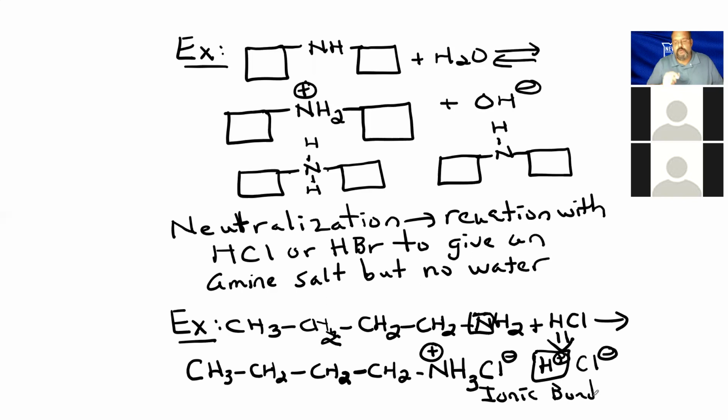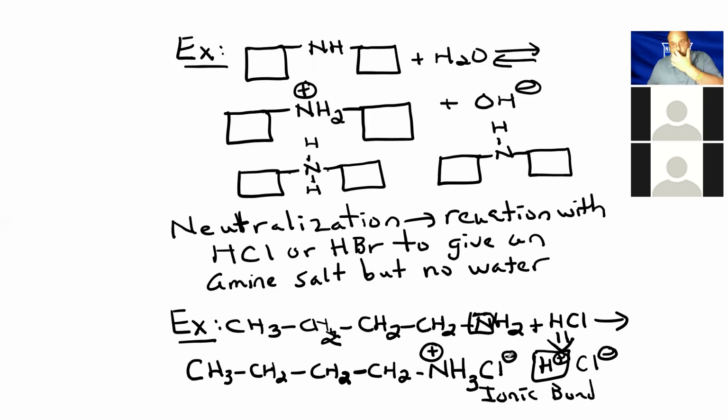Here, we do not draw a dash between the nitrogen and the chlorine, because if we do, it's actually incorrect. In organic structures, how do we indicate that ionic bonds are present? We show the charges that are present. The nitrogen with the positive charge, the chlorine with the negative charge. The nitrogen and the chlorine are going to be attracted to each other by an ionic bond.